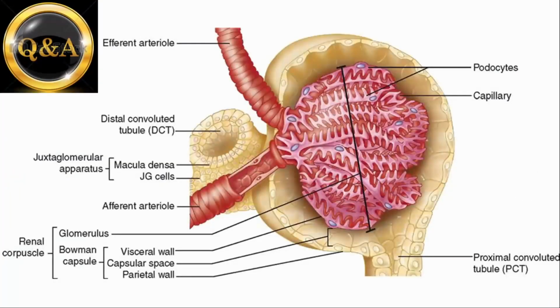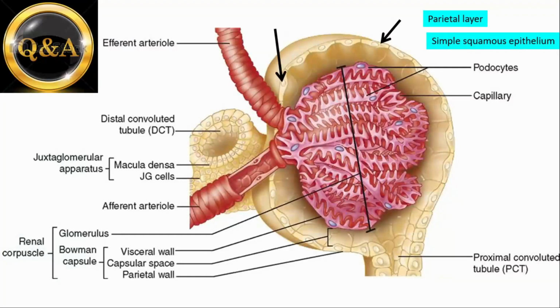What is this structure? It is the renal corpuscle. The outer layer of Bowman's capsule is made of simple squamous epithelium. This is called the parietal layer.